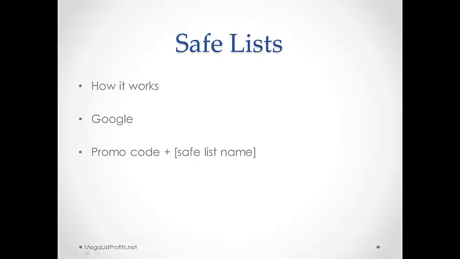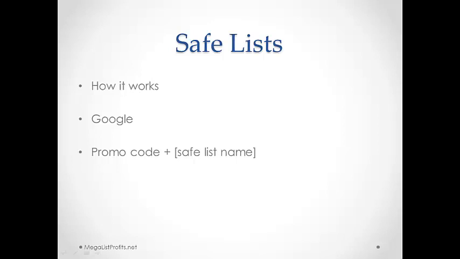The more you do it, the more credits you get, and then you get to use those credits to send emails to other people in the safe list network. I believe I have that right. Don't quote me on all that, but that's basically the general concept of how safe lists work.